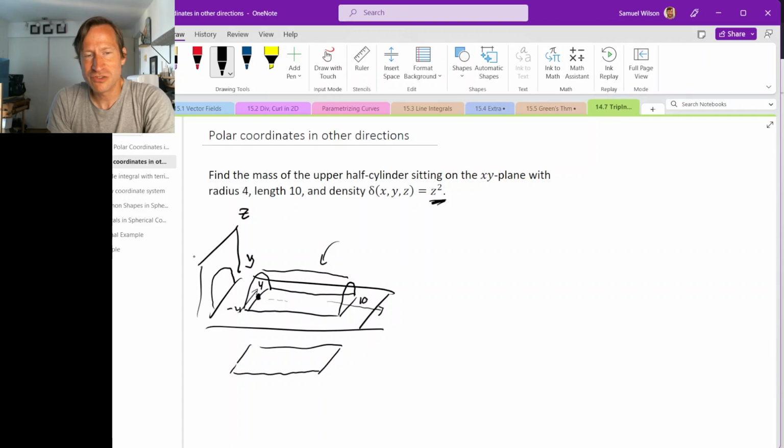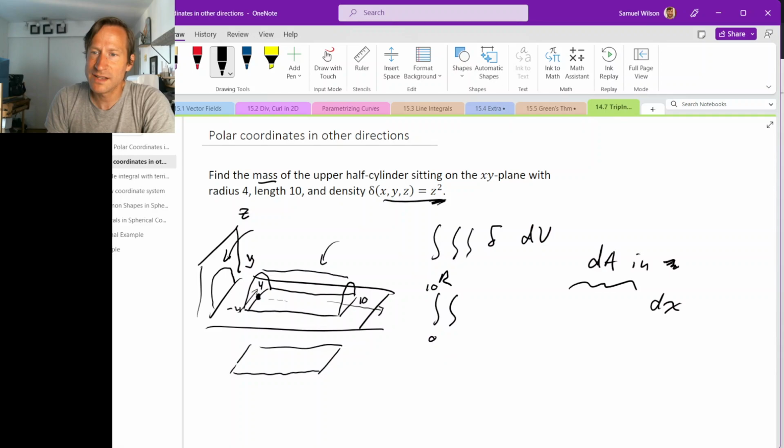So let's see. To find the mass when we have a density function, right? We just need to do the triple integral of our density function dV. We're going to write this as, let's see, in the x direction we're going from 0 to 10. So we'll put that on the outside, and then we need to write dA in the yz plane, right?